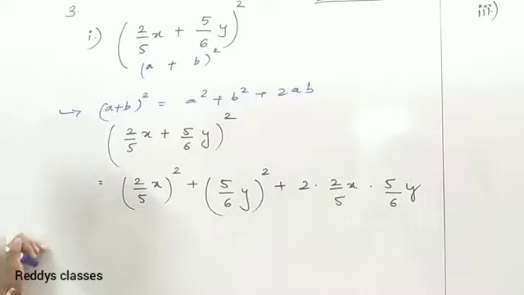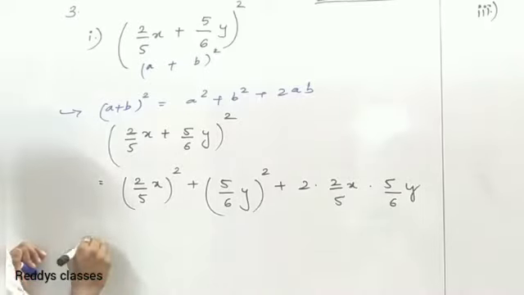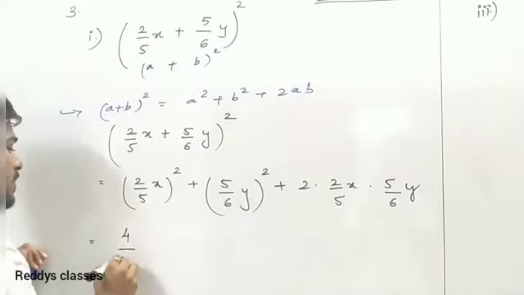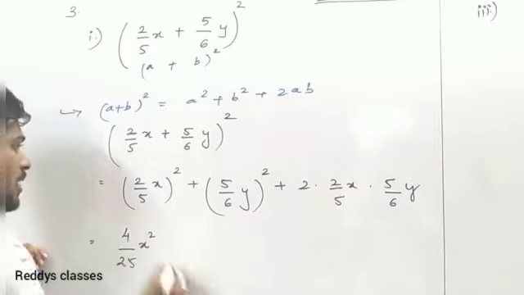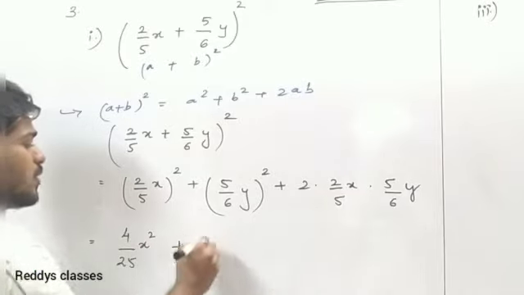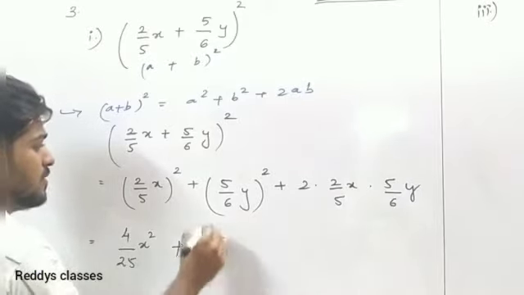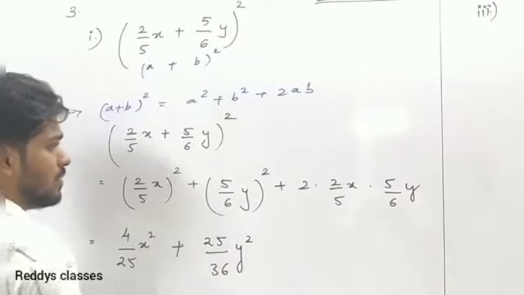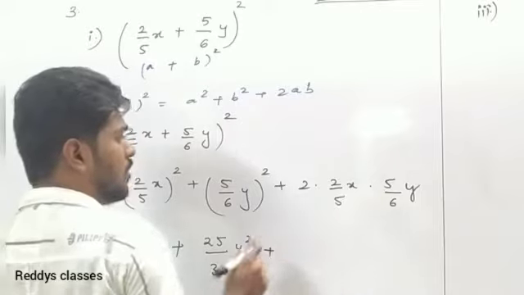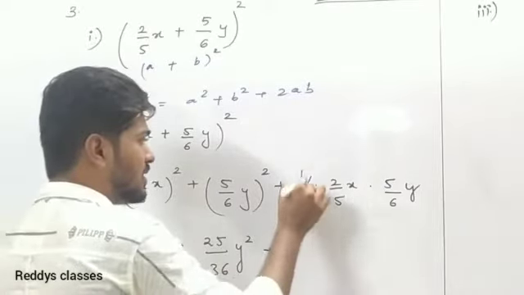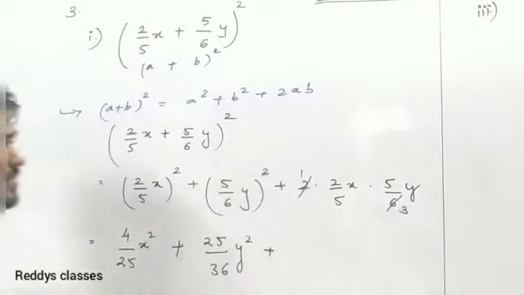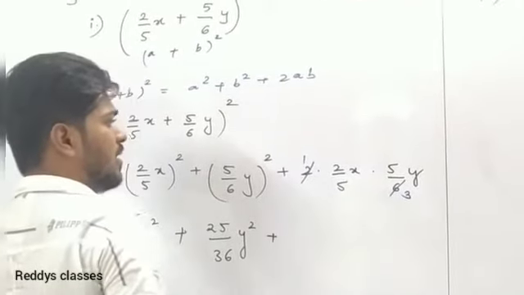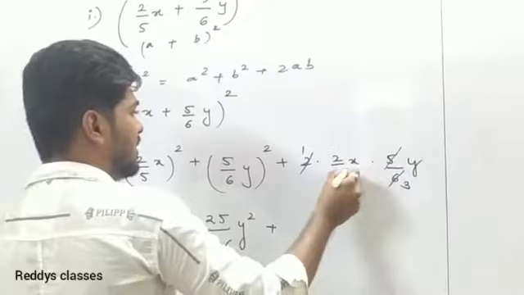Now let us start solving it. 2 square is 4, 5 square is 25, x square, plus 5 square is 25, 6 square is 36, y square. That's it. Now, 2 1s are 2, 2 3s are 6, so 5 2s are, can I divide this with this?